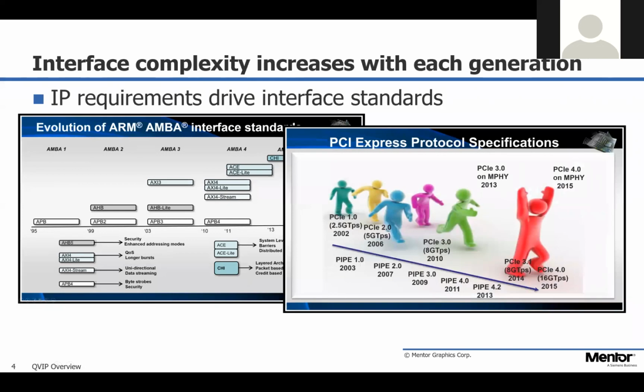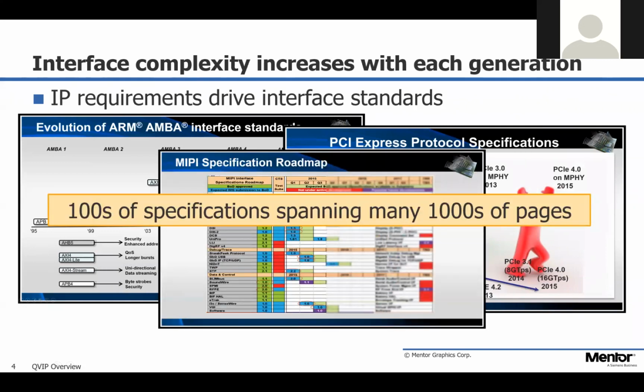On the PCIe side of things, as we've continued to move forward through the different versions, generating that PCIe traffic becomes more and more complex. And I understand that you are probably not necessarily going to try to test every transaction type on these buses, but you do want to make sure that you have implemented them correctly, that you've hooked them up, that the connection to your devices is right.